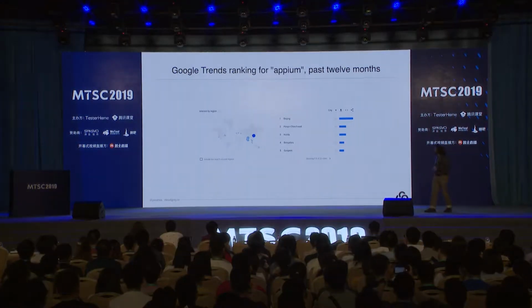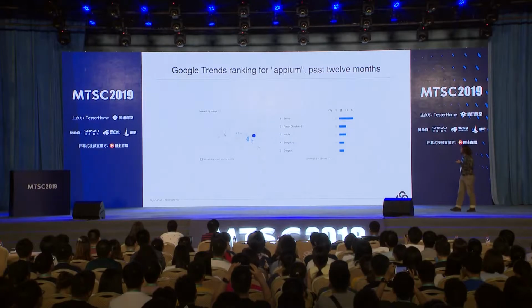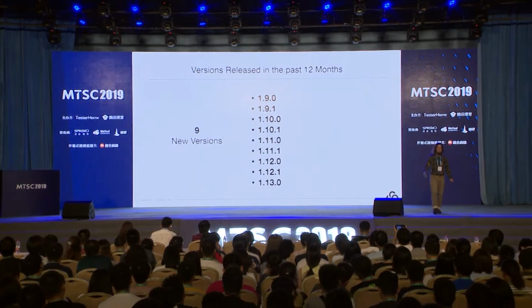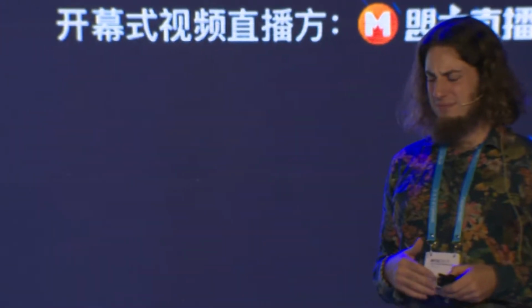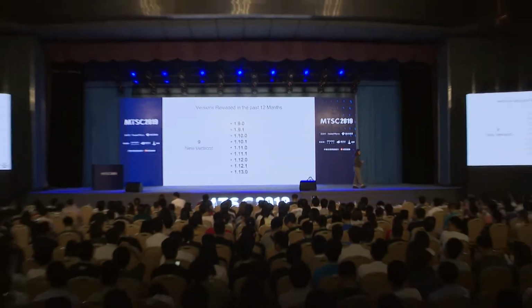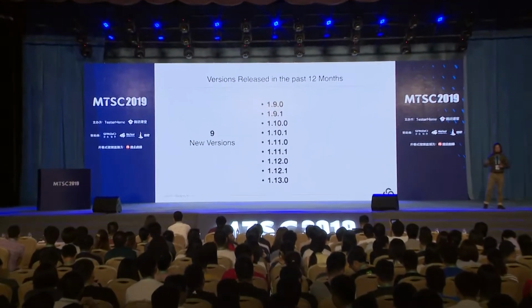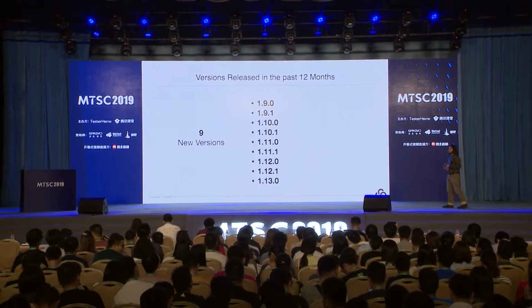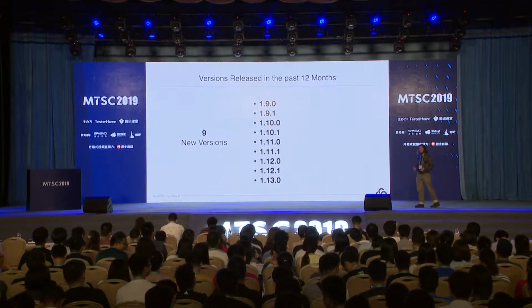So this talk is about reviewing the last 12 months of Appium. We're going to talk about what Appium has done recently, and then what Appium is doing in the future. When we're talking about Appium, it's very important to talk about the growth of the community.